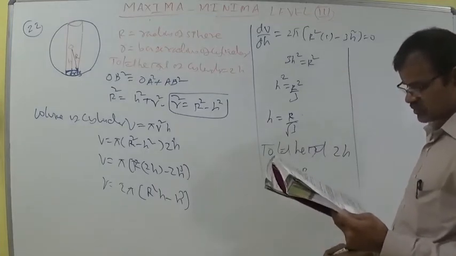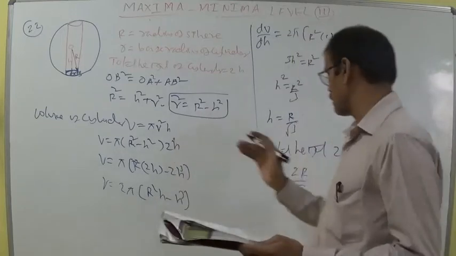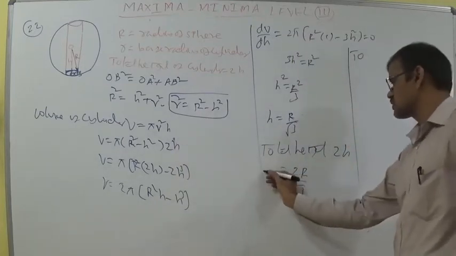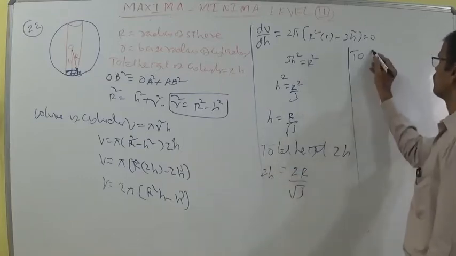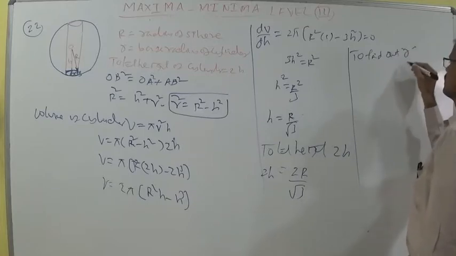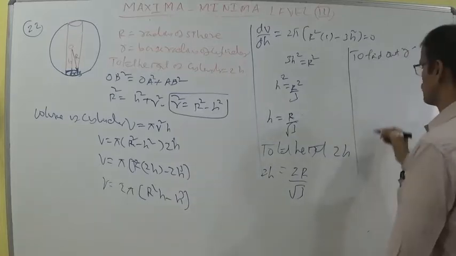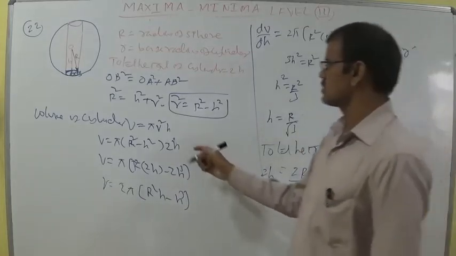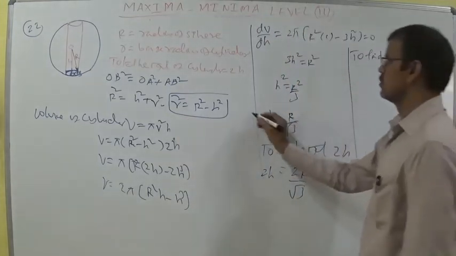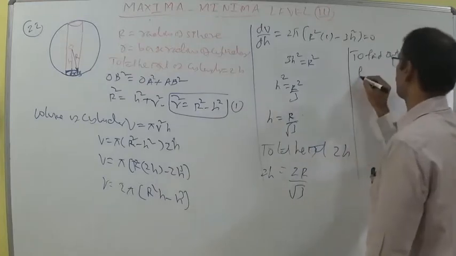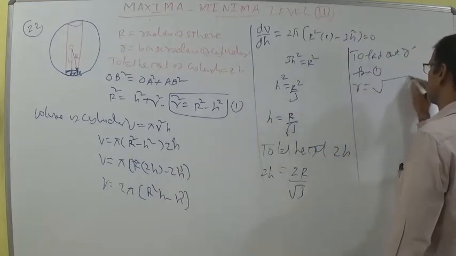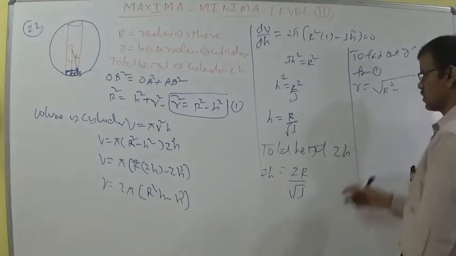Radius of the right circular cylinder, smaller r, he is asking. To find it out, here you write. This is total height 2h I had written. Now to find out the radius small r of the cylinder, what is the small r here? In the box I have written r square is equal to, put the name 1, and from 1 I am writing r is equal to root of capital R square minus h square.